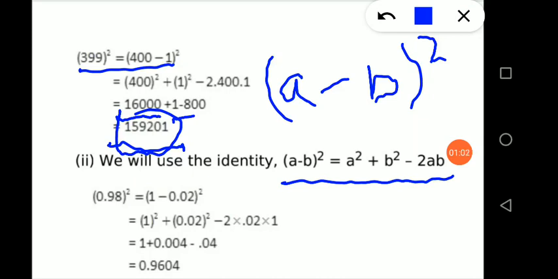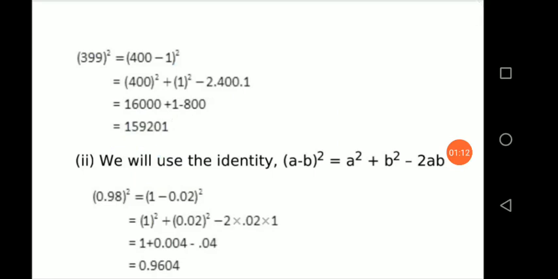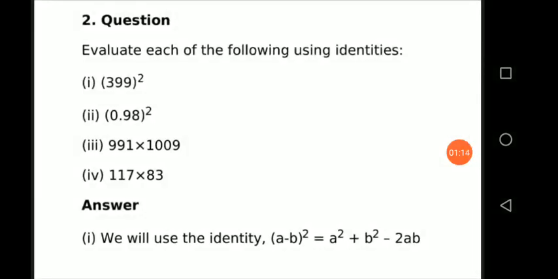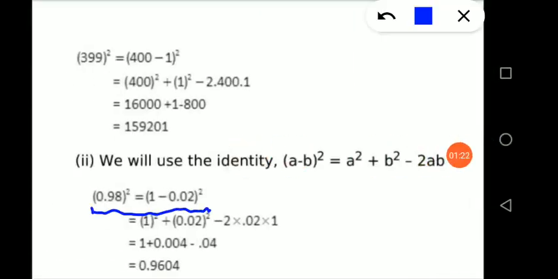Okay, so we have to write the given number in terms of a plus b or a minus b, and thus we can solve the questions. Got it? The second part is 0.98 whole square. So again 0.98 whole square can be written as (1 minus 0.02) whole square, where a is 1, b is 0.02, and the same formula we will apply here also, (a minus b) whole square.